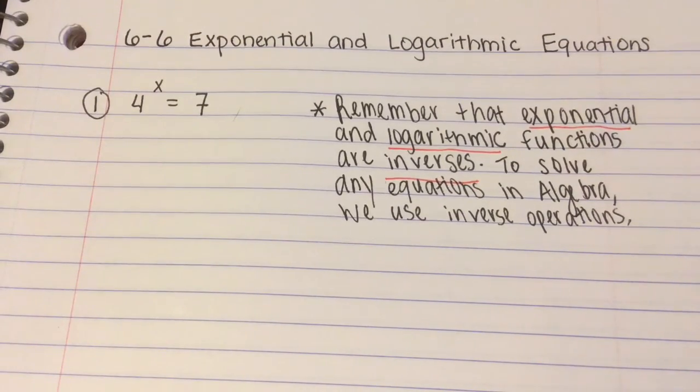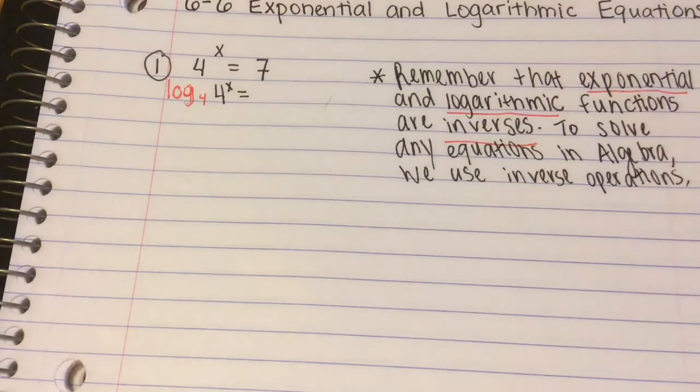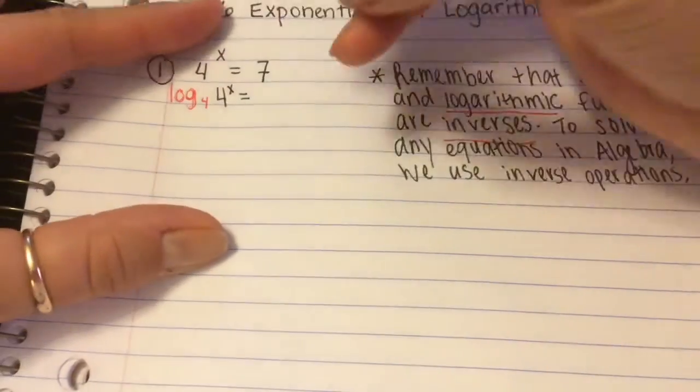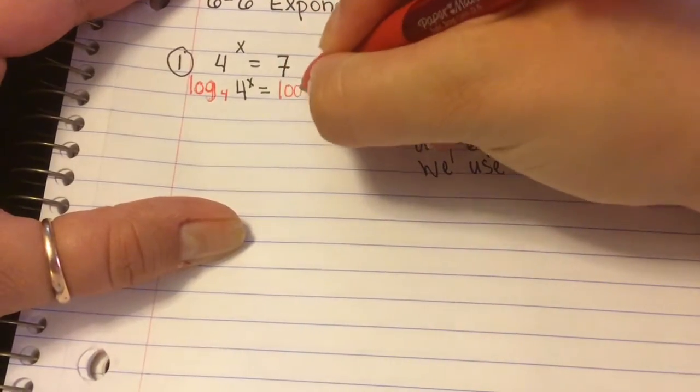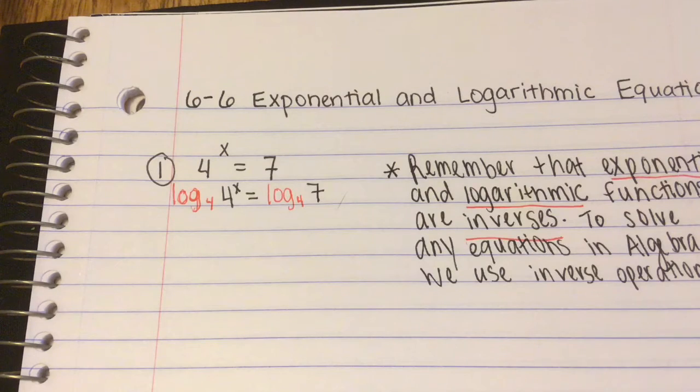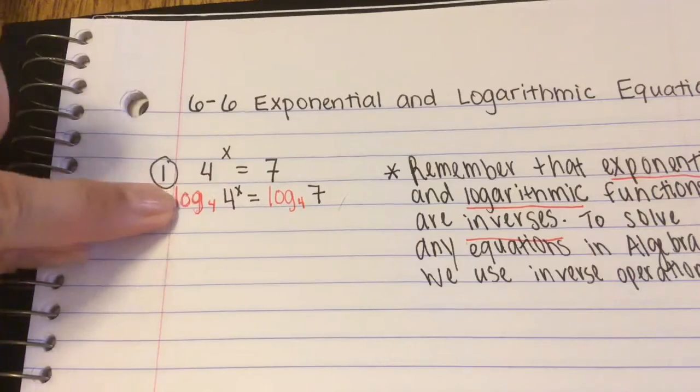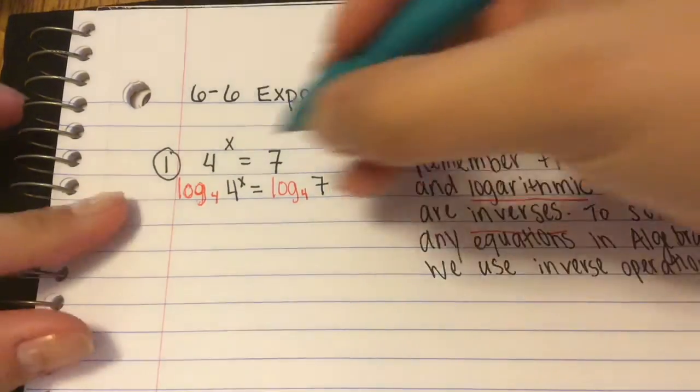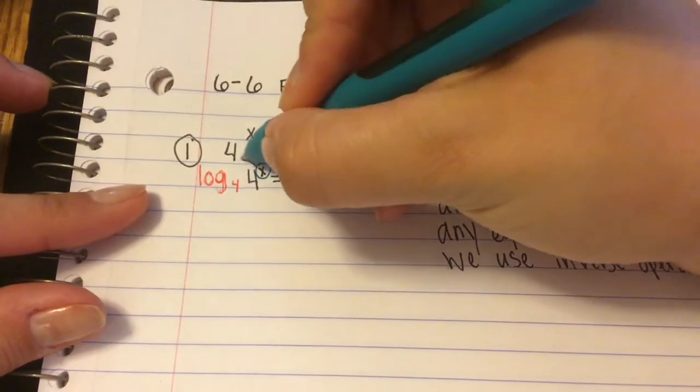On both sides of that equation, I'm going to write log base 4 in front of the 4 to the x, and I'm going to write log base 4 in front of the 7. We should remember from our properties unit that this is a power rule here. So we can bring this x to the front.